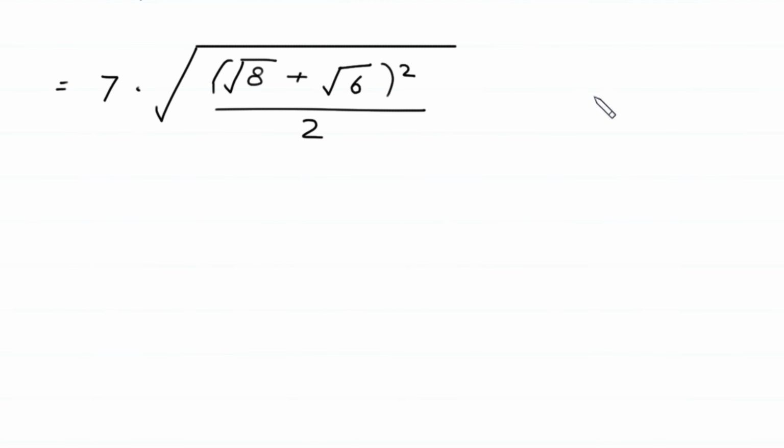Now, according to this property, square root of a over b is equal to square root of a over square root of b.